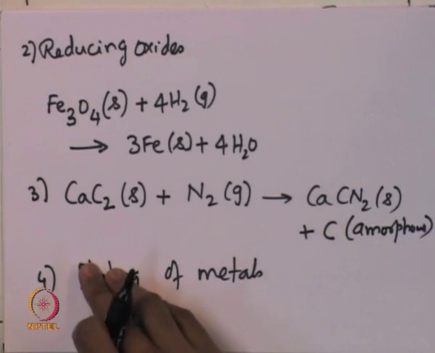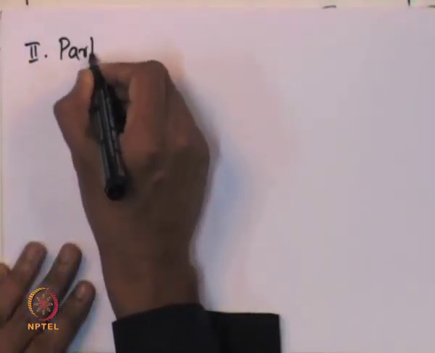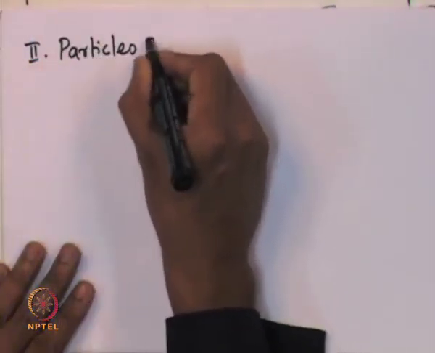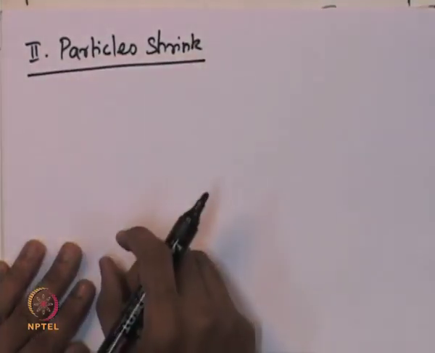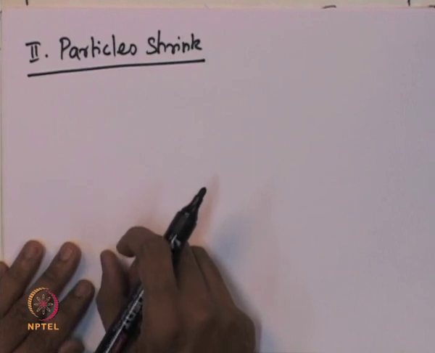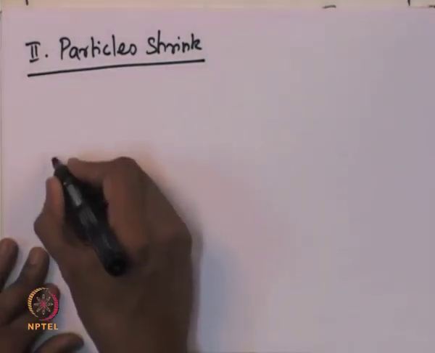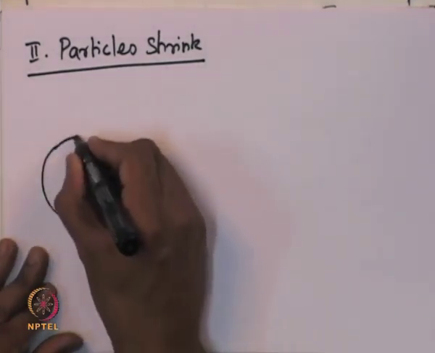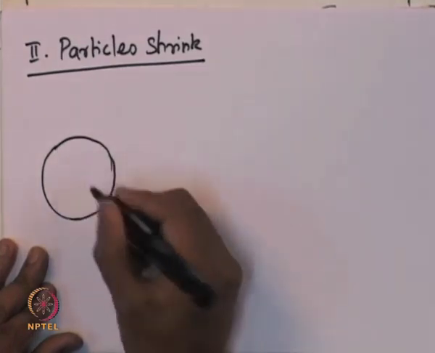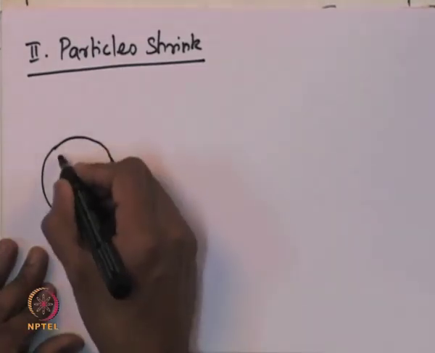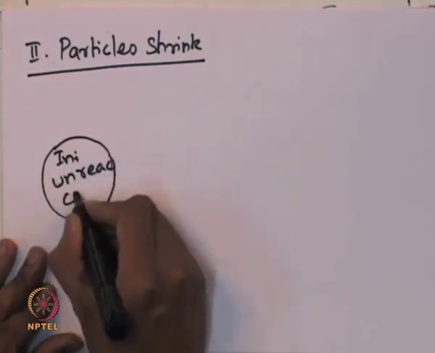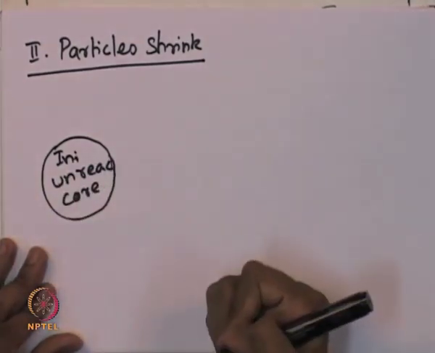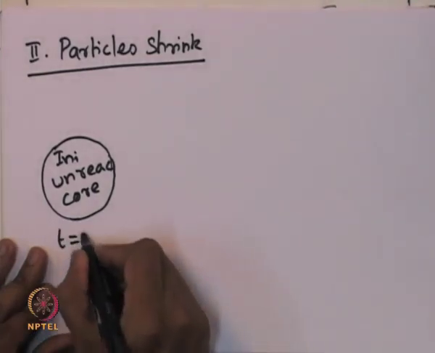So, the second mode is where the particles essentially shrink. There is a shrinking of the particles, and in this particular case what happens is, suppose this is the initial unreacted core, at time t equal to 0.